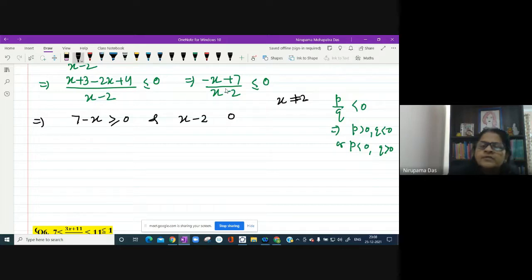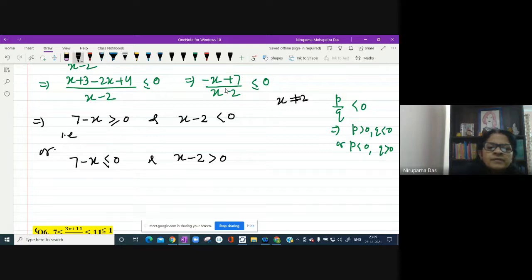If we take x equal to 2, the denominator is 0, so the rational number will not be defined. So that is the reason x cannot be equal to 2, so it is less than 0. Or 7-x less than or equal to 0, and x-2 greater than 0.